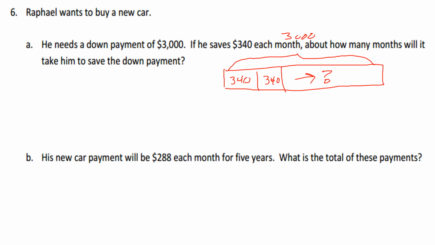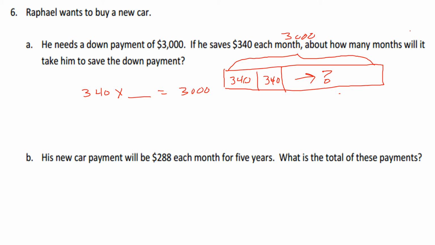So basically what we're looking for here, there are two different ways I could do it, but we've been dealing with multiplication, so we're going to stay with that. We know that 340 times something equals 3,000.